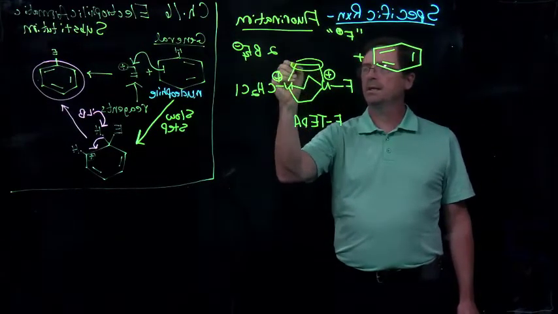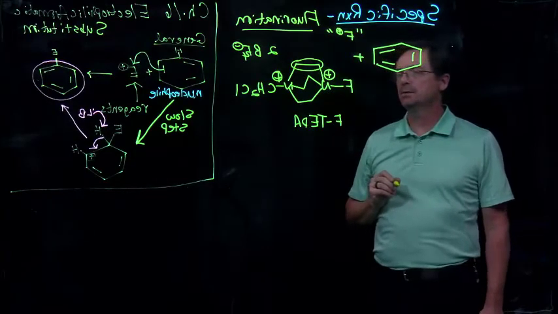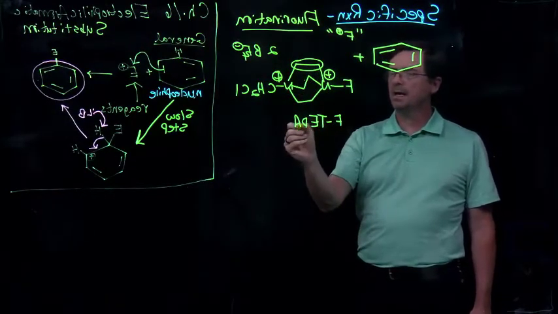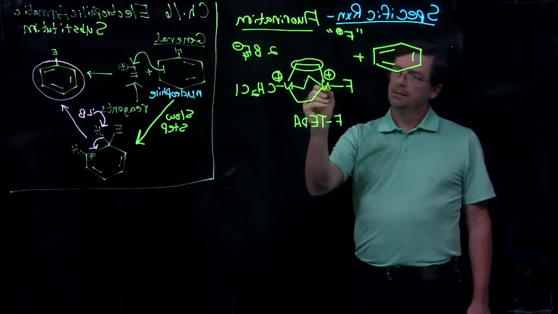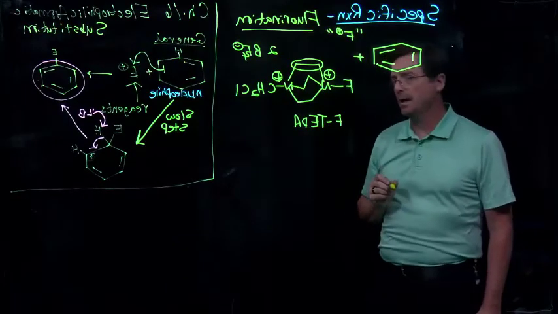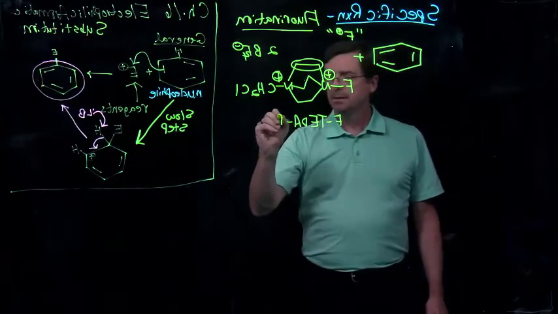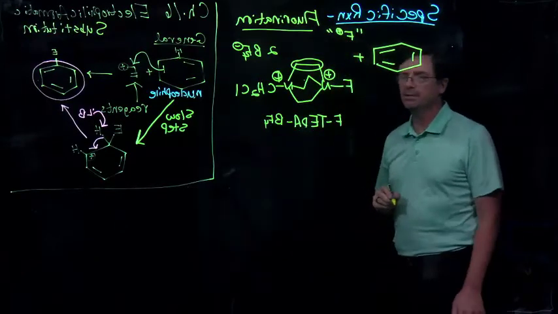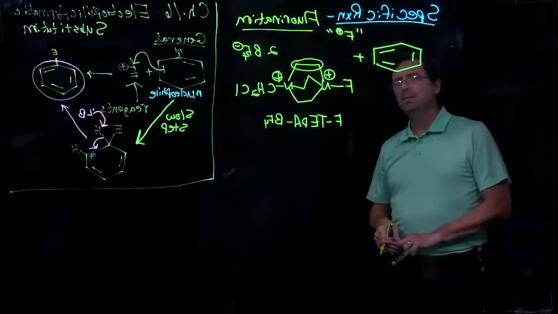Ethylene, there's ethylene, CH2CH2, three of them, 1, 2, 3, triethylene diamine. Nitrogen and nitrogen is actually a diammonium, triethylene diammonium, tetrafluoroborate. Okay, so the abbreviation F-TEDA BF4.